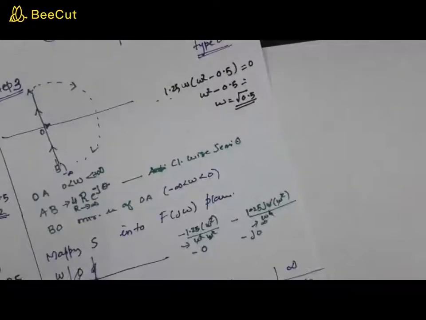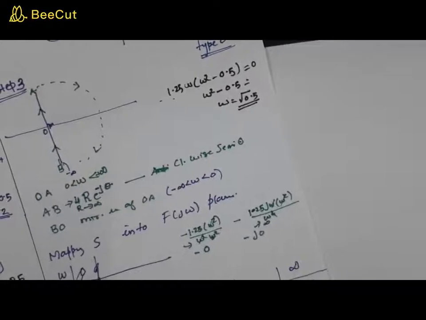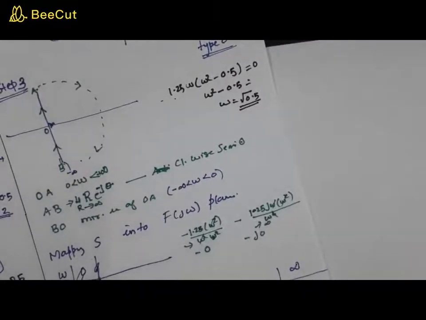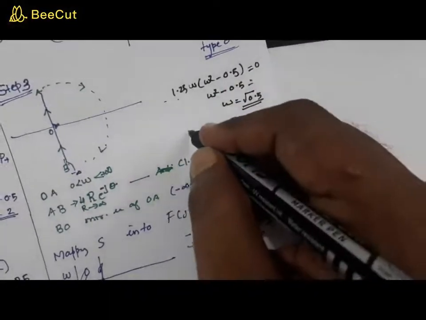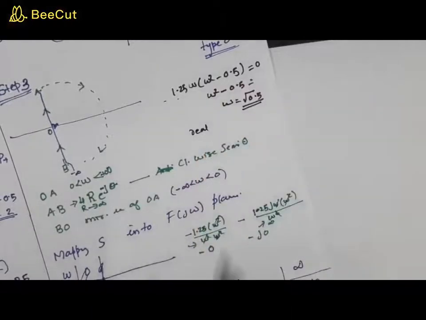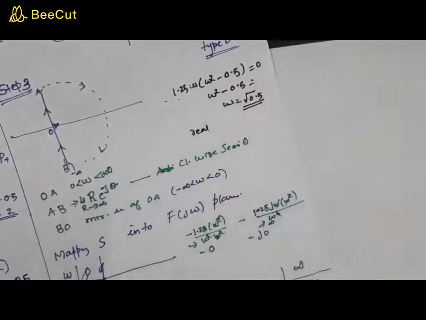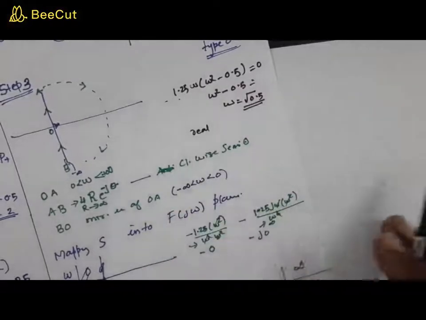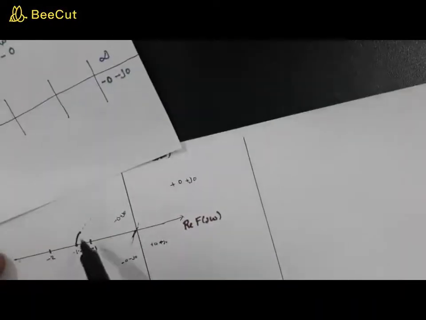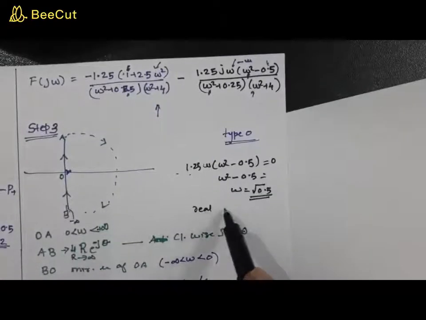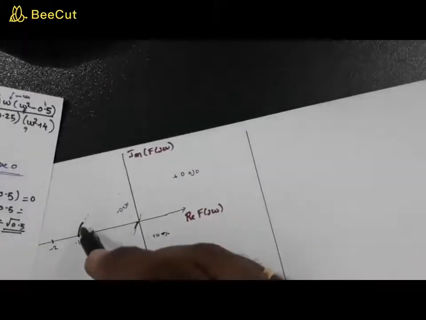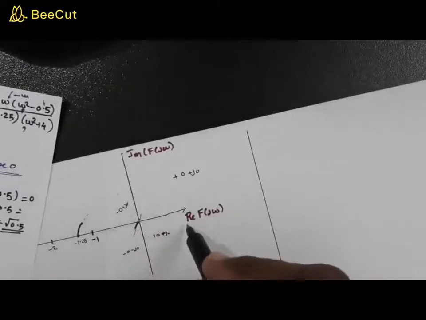Now at this point we can evaluate the value of the real term. If the real term at this frequency is negative, then it will travel in this path. And if that real term is positive, then you will have to believe that it has to go in this way.